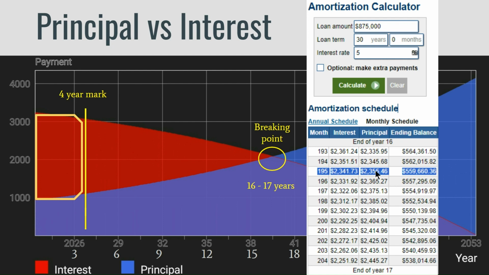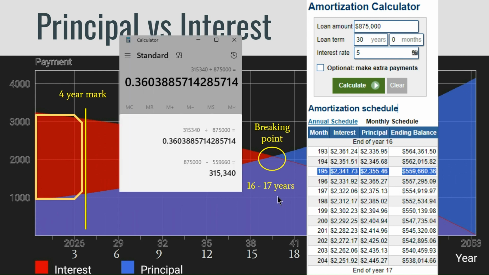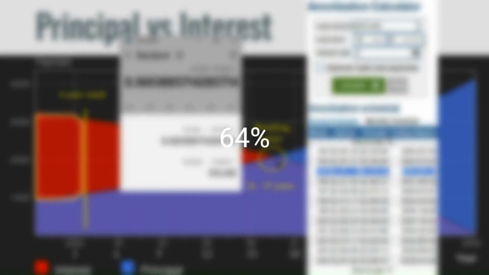And the sad part about it is you still owe 559,000. Remember, our starting loan amount is $875,000, and at this point we're not even halfway through the payment. I already did the math: at this point, we have only paid 36% of our mortgage, so we still owe about 67% of our mortgage.